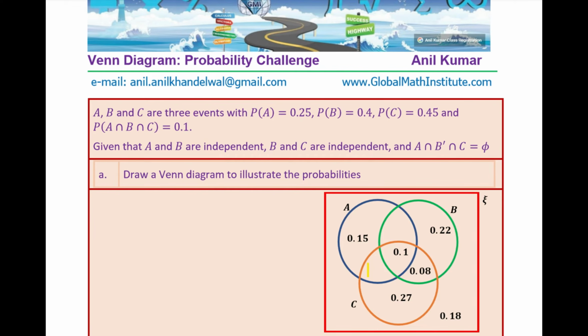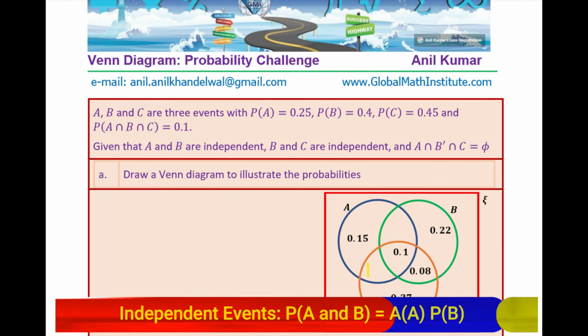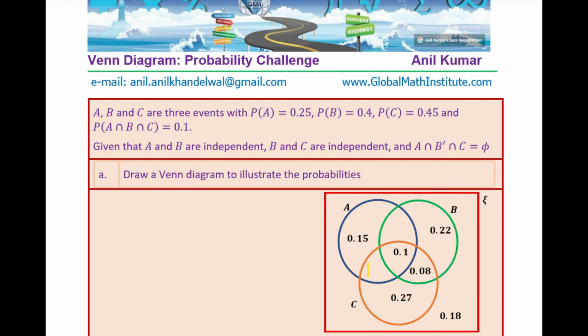When we say A and B are independent, it means the probability of A intersection B is the product of the probabilities of A and B. Independent B and C means that the probability of the intersection of B and C is the product of the probabilities of B and C. And when we say that A intersection not B intersection C is a null set, then we are looking into this particular portion. You get the idea. So this is the null set. Once you understand that, then you begin your problem.